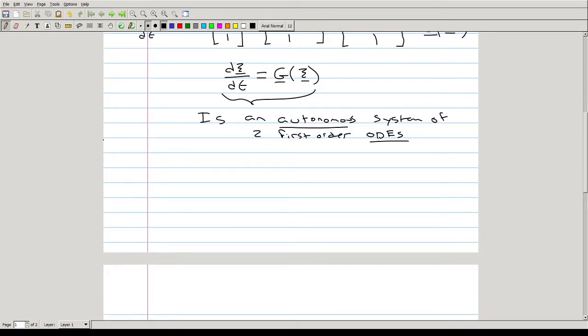And I also want to note that both of the basic population models we've talked about before are autonomous.